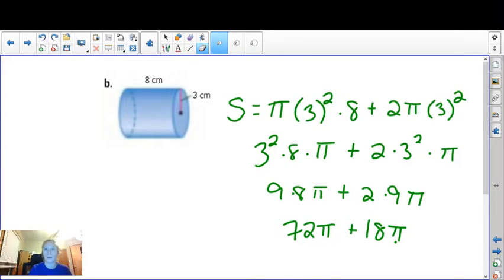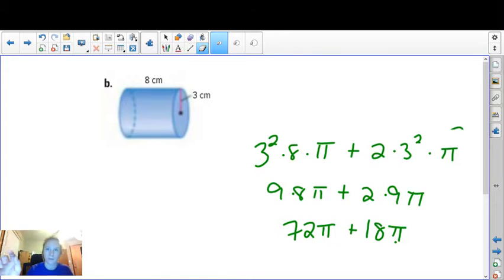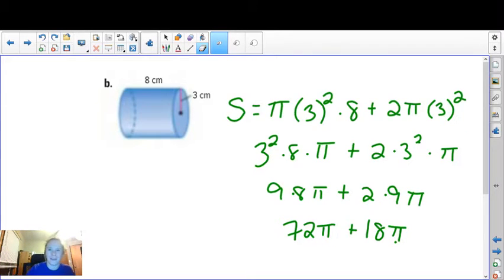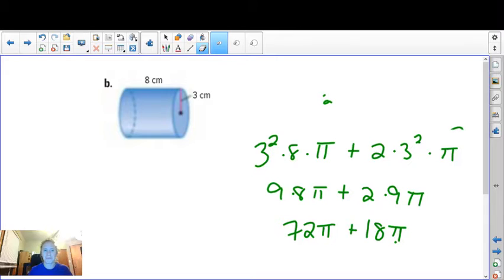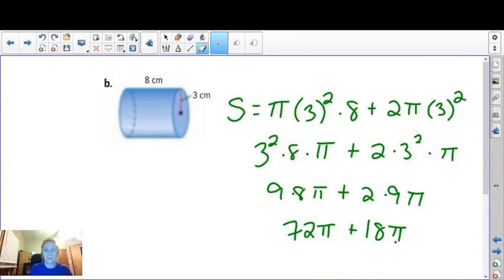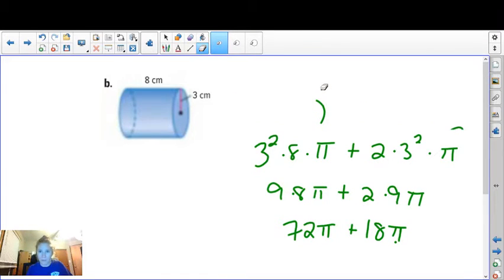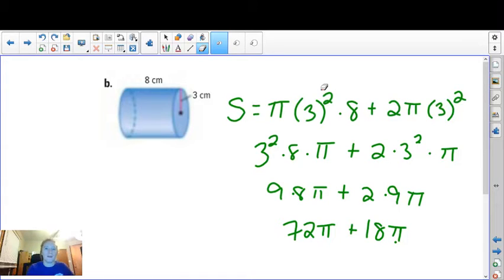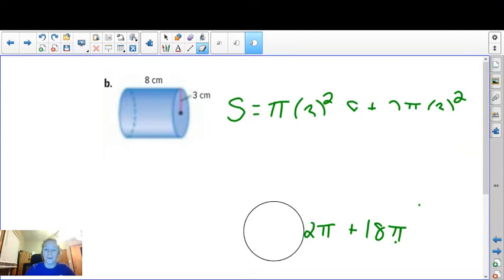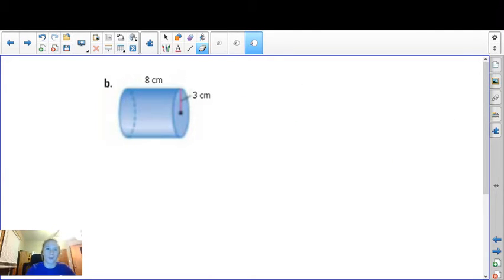Whoa, go back. Stop erasing the whole thing. I just want the 2 gone. Okay, so apparently I have to restart this whole problem, which is really sad and frustrating because I just want to get rid of that 2. But my computer says nope.